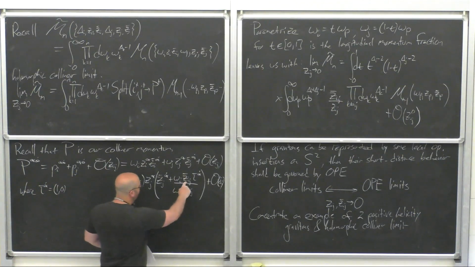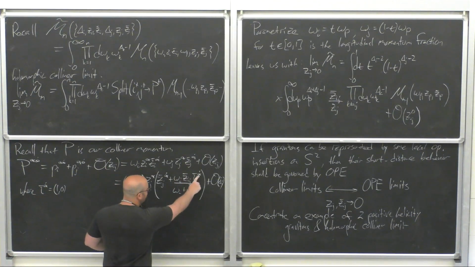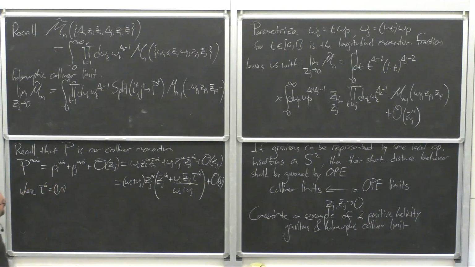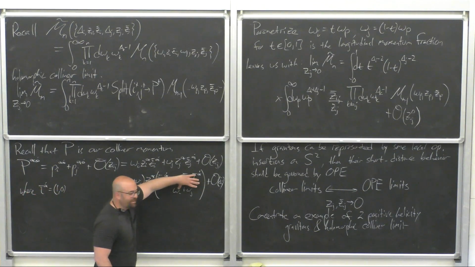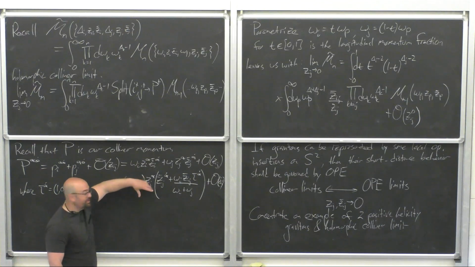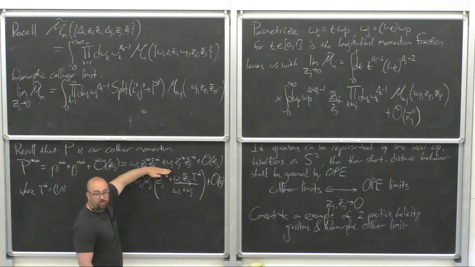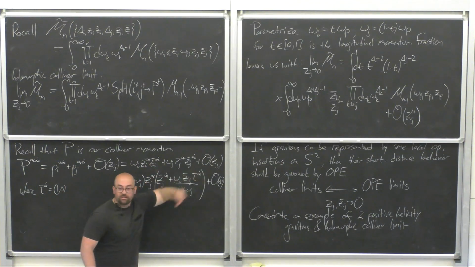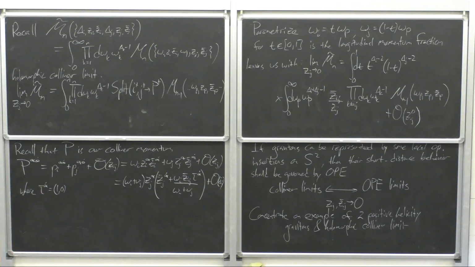So this z bar ij, there isn't an index on this, I've moved the dotted index onto there. To check this statement, all you do is multiply everything inside the big parentheses by the stuff I've pulled out and check that it reproduces what I've written up here, plus corrections of order z_ij. Okay. It's just some algebra.